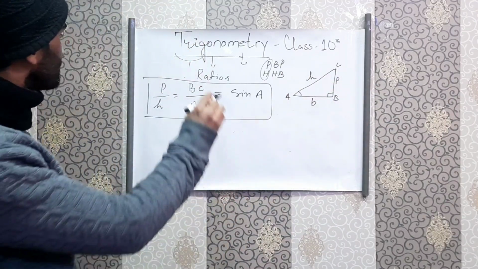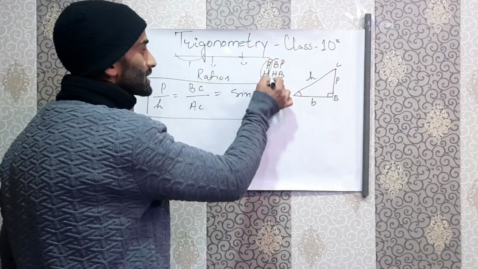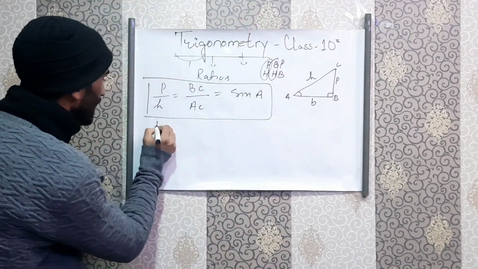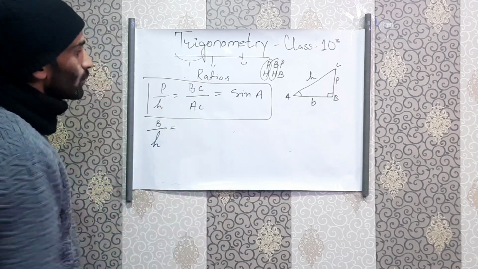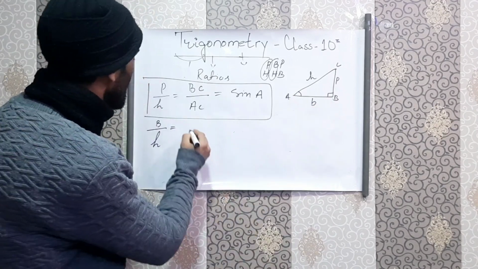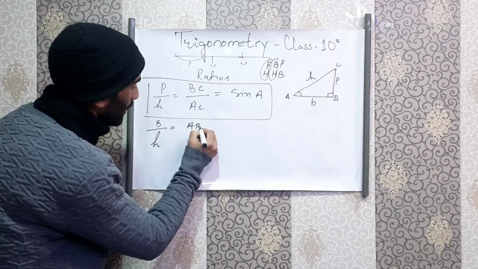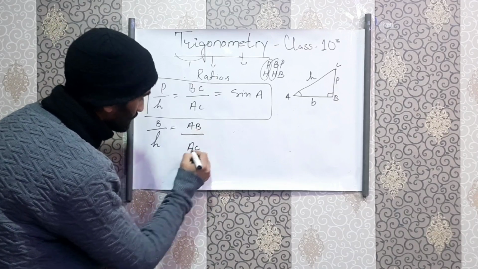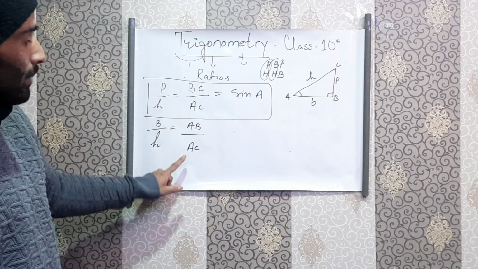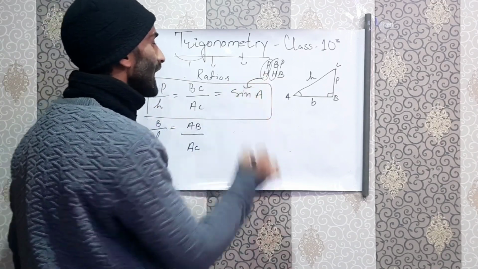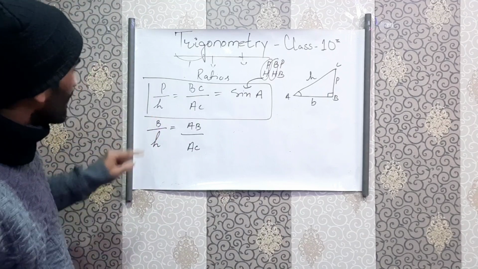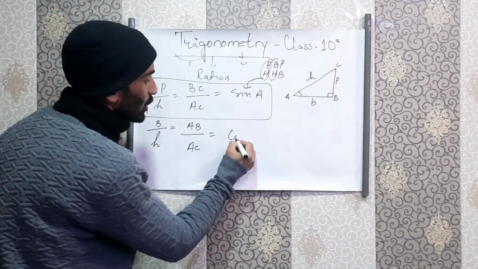Now next is base by hypotenuse. What's our base here? This is AB by AC. The first ratio is known as sine, and the second ratio is known as cos.